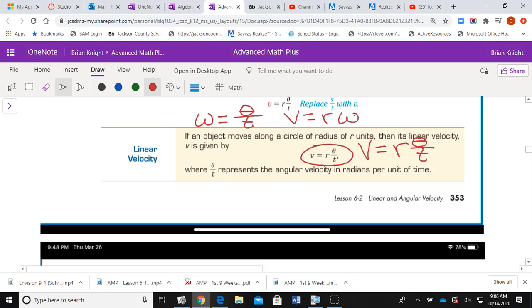Because radius times theta over t, well, theta over t is your angular velocity. Everybody good with that? So, you need to know both of these because they might give you information. They might just tell you the angular velocity, or they might tell you the angle and the time and the r. Depending on what they give you is which one you use.